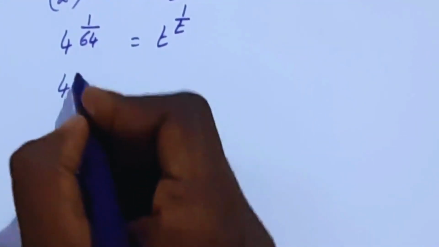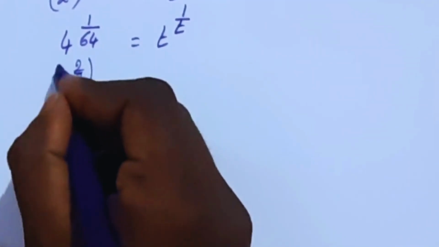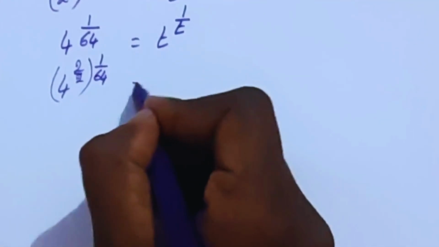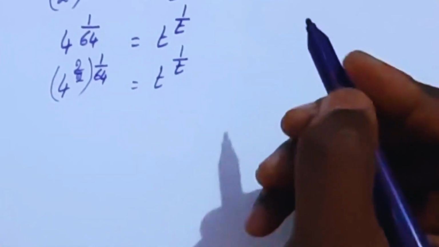Now 4 power, again we are going to write 1 as 2 by 2, whole power 1 by 64 equals t power 1 by t.